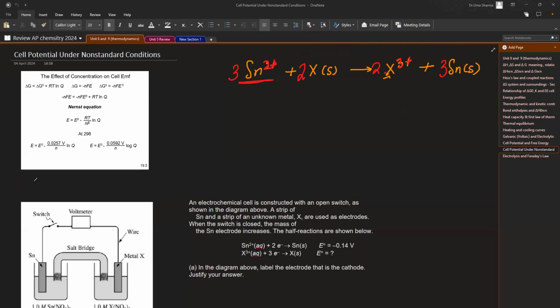Okay. Now write down the Q expression. What is the Q expression? Q, the non-equilibrium state. This is aqueous. Aqueous.